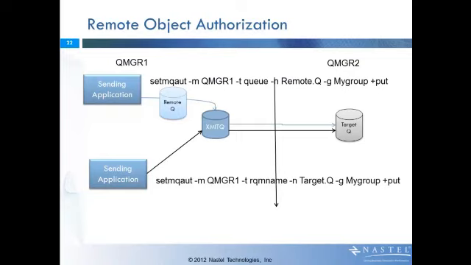The top example would be how we would secure the remote queue definition locally on Queue Manager 1. This bottom example with the -T RQM name is pointing to, or securing, the target queue on the remote queue manager. So this is the new capability, the ability to create an object authorization for a queue that is a remote object.